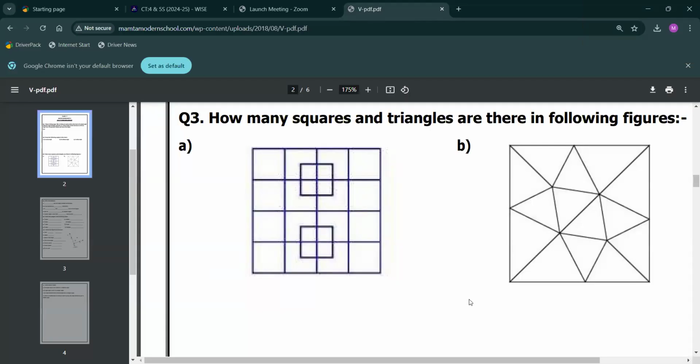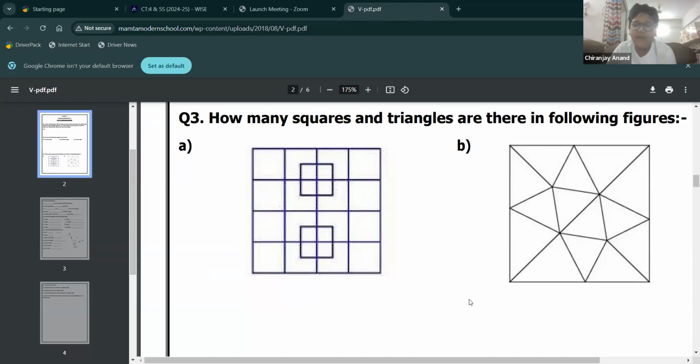What do you mean by square? No, ma'am, 23. Ma'am, in my textbook it is written that square numbers are a number multiplied by itself.